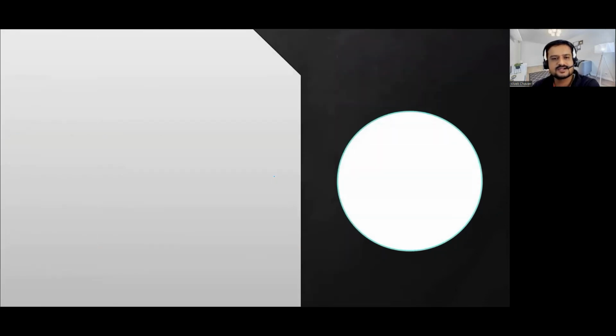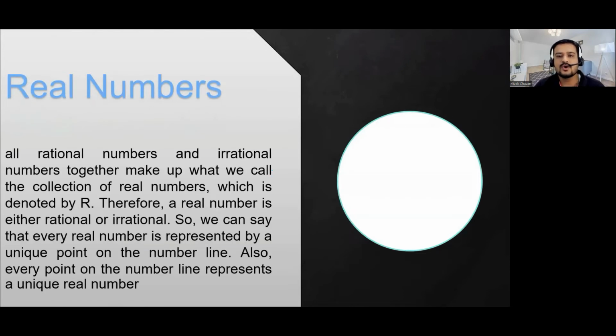Okay, next, what are real numbers now? We'll see real numbers. So all rational numbers and irrational numbers together make up the collection of real numbers. And real numbers are denoted by capital R. So real numbers के अंदर सारे rational numbers भी आएंगे, सारे irrational numbers भी आएंगे. वो set को हम लोग बोलेंगे real numbers.